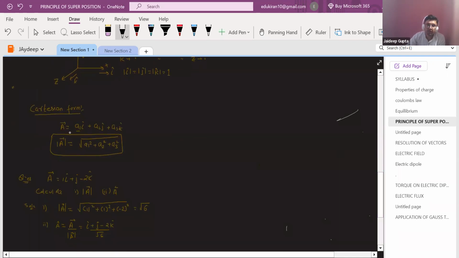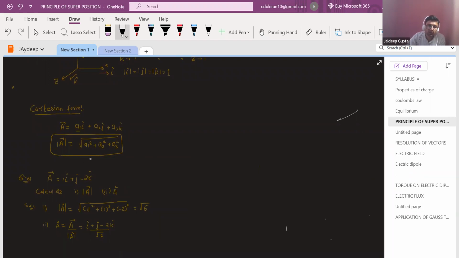In Cartesian form, A vector equals A1 i cap plus A2 j cap plus A3 k cap. To calculate the magnitude, the formula is the square root of A1 square plus A2 square plus A3 square. Just do this question for me: 2i cap plus 4j cap.